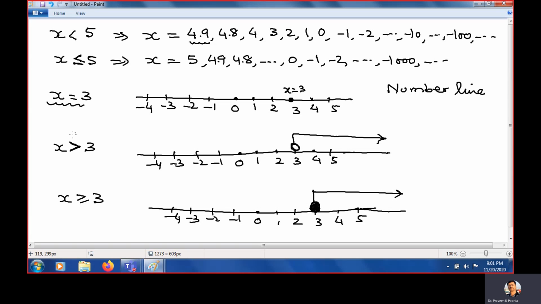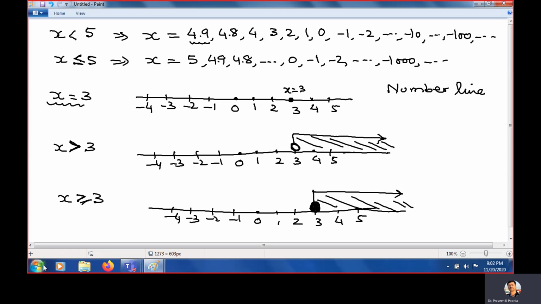So remember, if it is greater than or less than, it will be an empty circle. But if it is greater than or equal to, or less than or equal to, it will be a black circle. Clear? And we will cover this region. Why? Because all values are there. Clear? For x greater than or equal to 3.